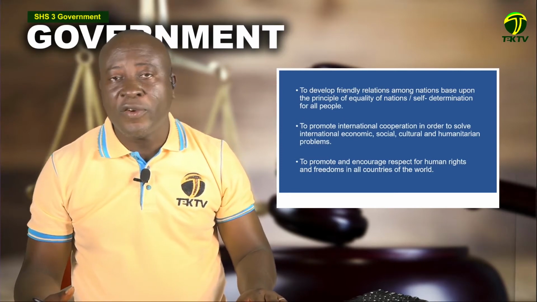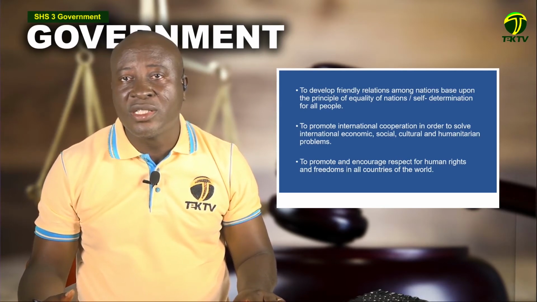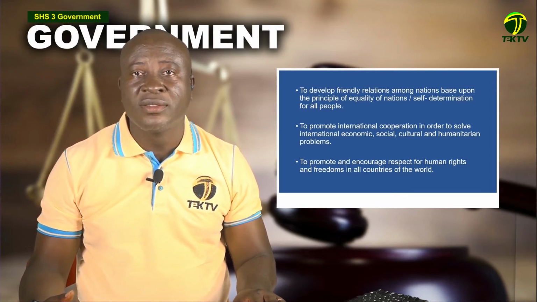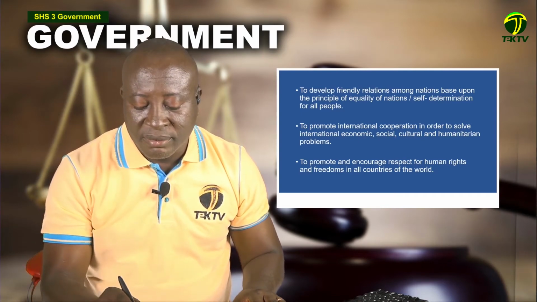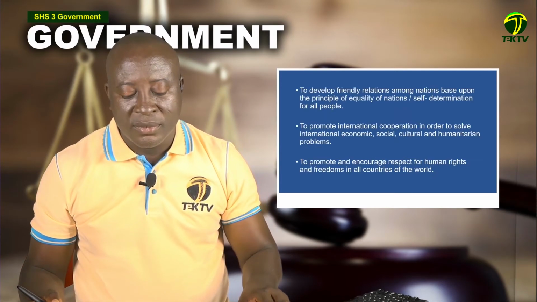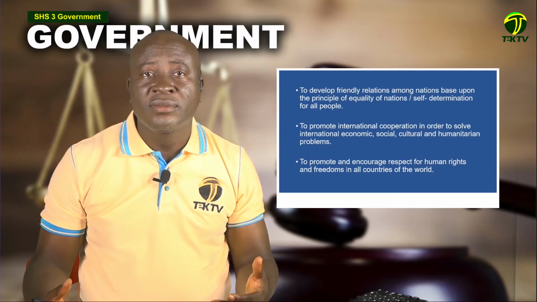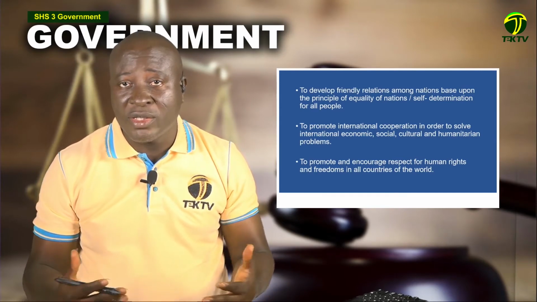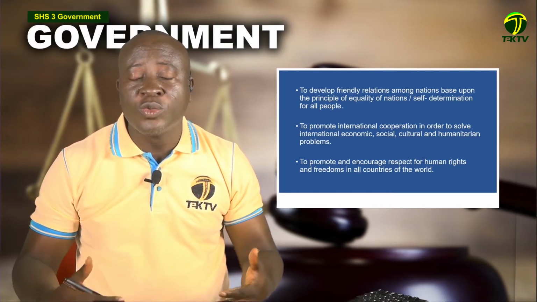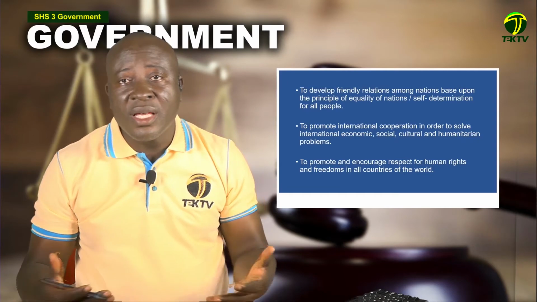Another aim for the formation of the UN was to develop friendly relations among nations based upon the principle of equality of nations or self-determination. Equality of nations means that every sovereign country, Ghana is a sovereign country, Togo is a sovereign country, Nigeria is a sovereign country, is to see other sovereign countries on the same level.